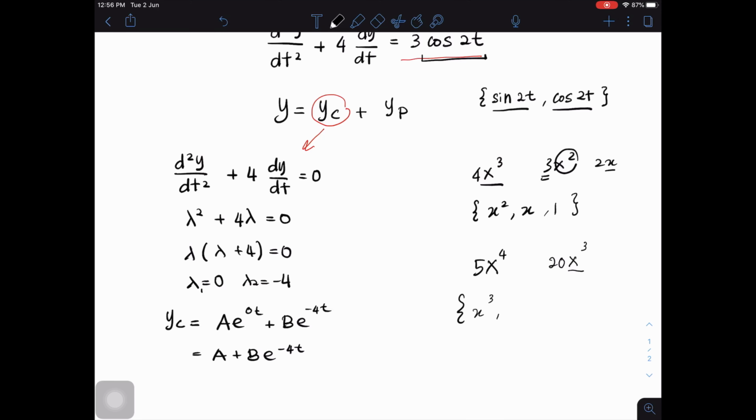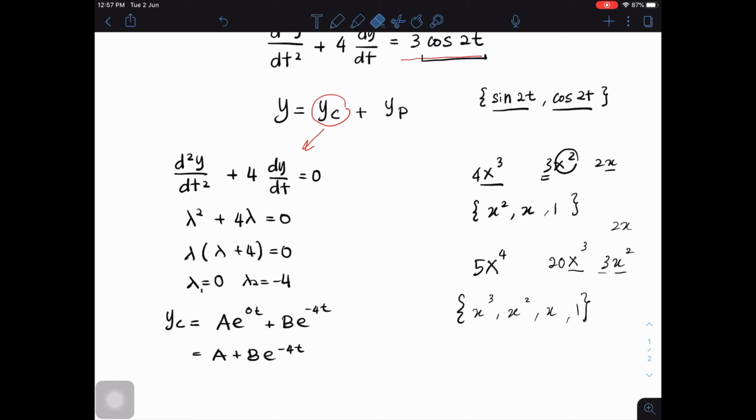Differentiate x to the power of 3, you get 3x squared, so x squared is your next family of derivative. We differentiate x squared, we get 2x, so x is your next one. You differentiate x, you get 1. You differentiate 1, you get 0. So this is the list of the family of derivatives for your f(x).